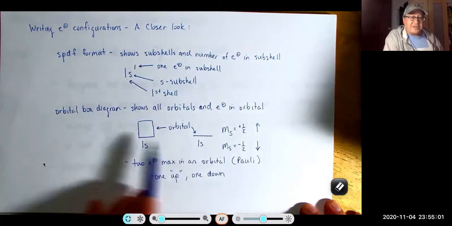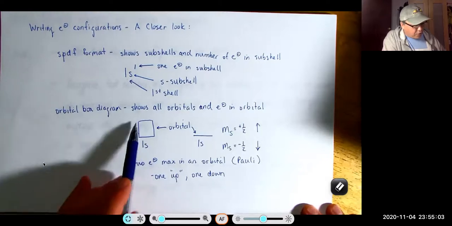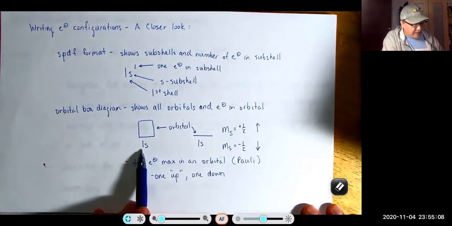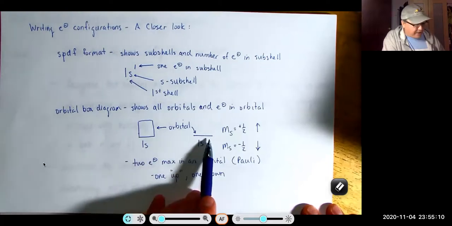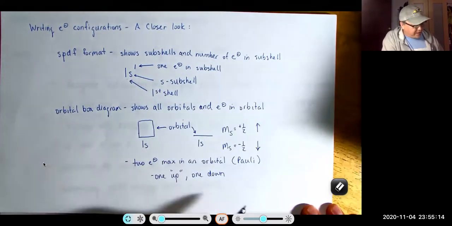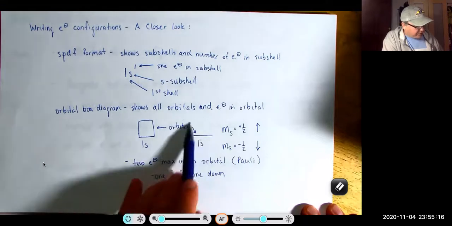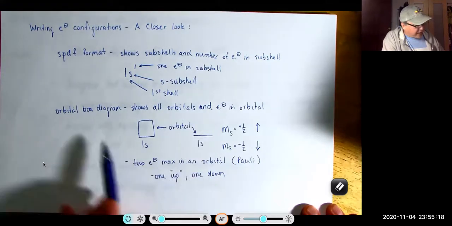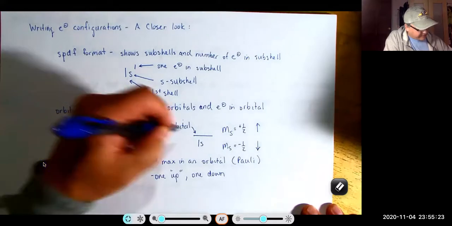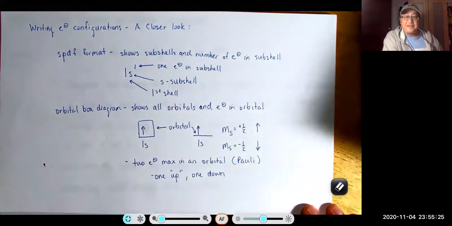For the orbital box diagram, you draw a box for an orbital. So here we have 1 orbital, which is in a 1s subshell. And sometimes they will draw this as just a line instead of a box because it's just easier to do. So this is a 1s orbital also. And here for the hydrogen atom, you would actually put 1 electron in there like this.